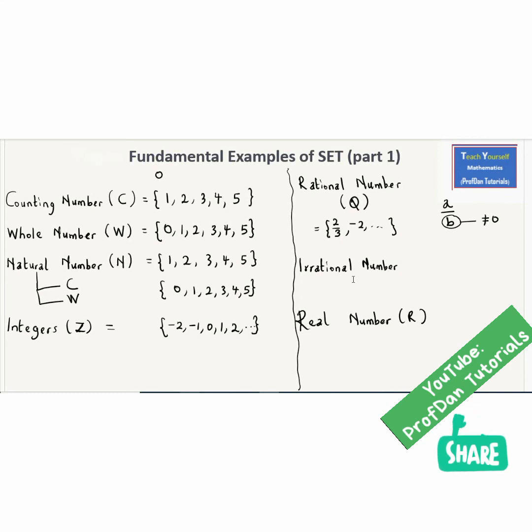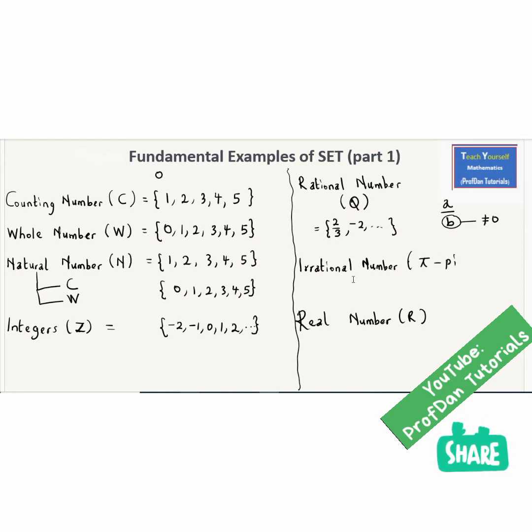What then is an irrational number? Basically, it's just like the opposite of a rational number. An irrational number cannot be written as a simple fraction like A over B. It cannot be expressed like 2 over 3. A typical example of this in mathematics is what we generally know as pi.